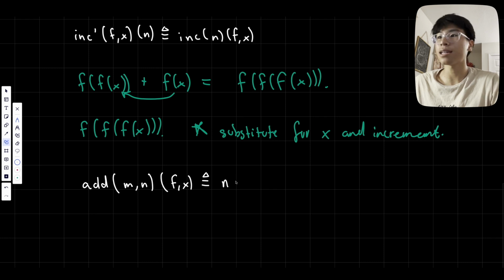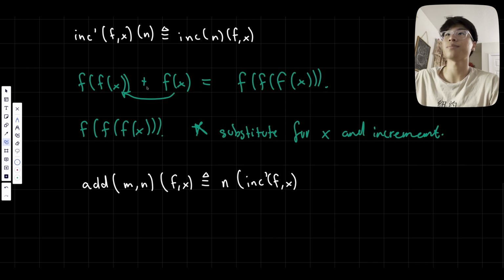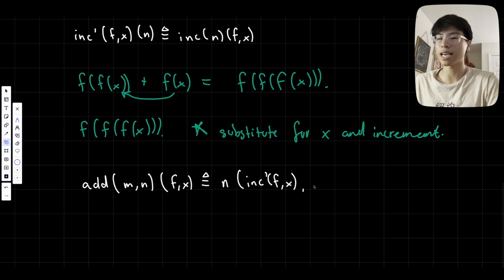We're going to take n, and instead of f, we're going to use the increment function. We're going to feed in f and x to inc prime, which can take in the integer as a next argument and increment it. Now, instead of x down here, we're going to write the other integer, m, and we're going to feed in f of x here.